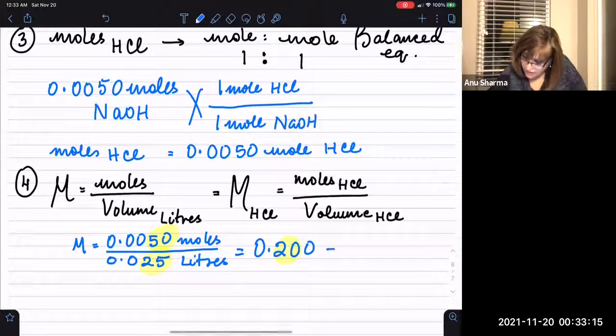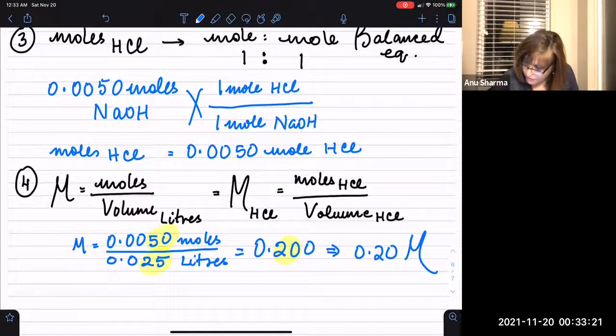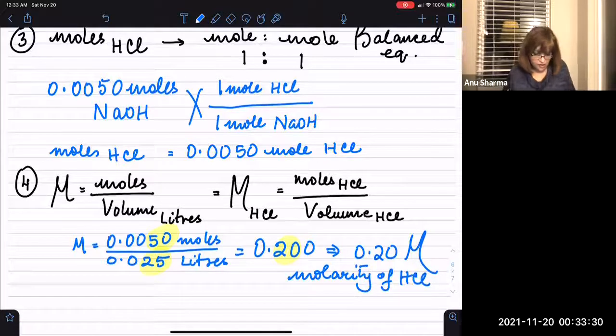So 0.020 M. That is the molarity of HCl. Always write down in what context these calculations are: molarity of HCl.